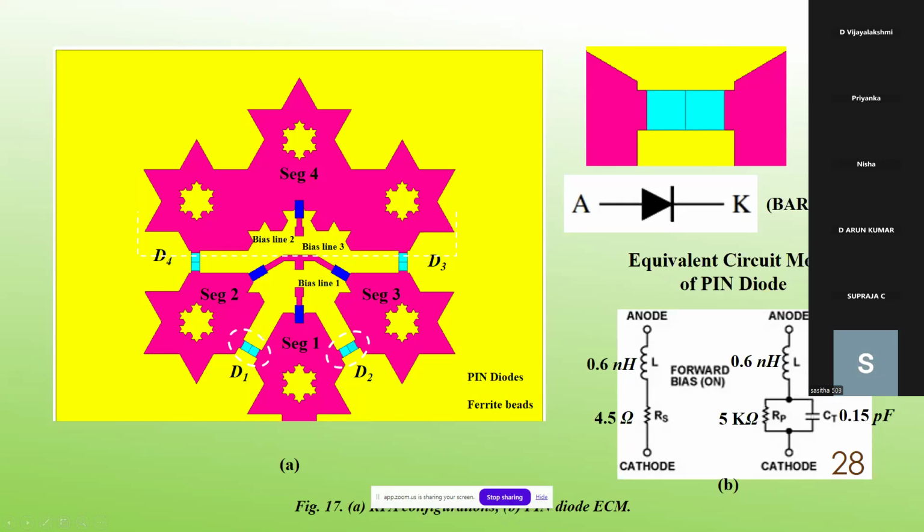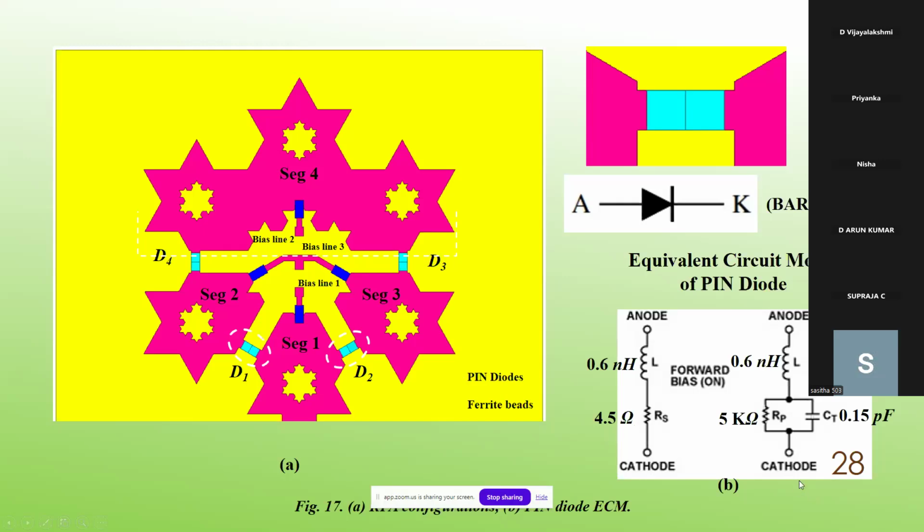connected here. And here one equivalent circuit we have already discussed, but along with values it is there, and these values will be obtained from the data sheet. So in the forward bias case, the L value is 0.6 nanohenry, and resistor is 2.5 ohm.